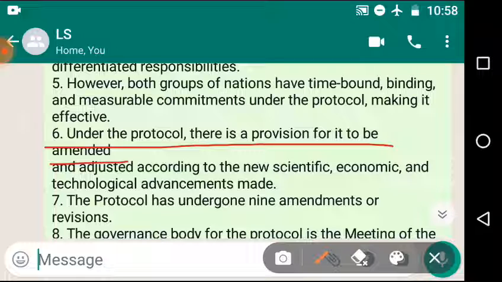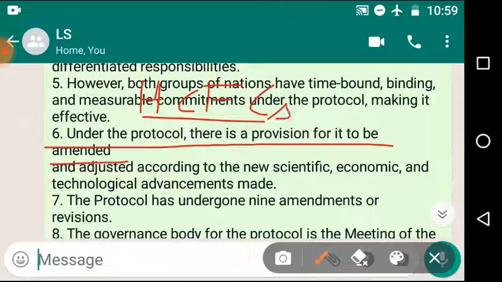Okay, in the Kigali amendment of the Montreal Protocol, they have also said that not only chlorofluorocarbons, but you have to also reduce the production of hydrochlorofluorocarbons. Although hydrochlorofluorocarbon is not an ozone depleting substance, it is causing global warming. So in the Kigali agreement, it has been mentioned that we have to reduce the use of hydrochlorofluorocarbons, HCFCs.